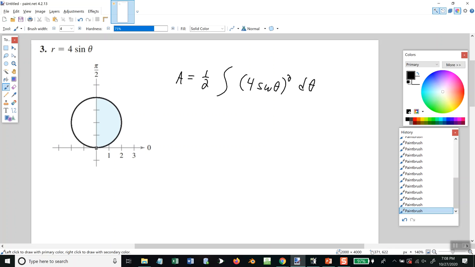Now, if we looked at this point right here, what would you probably assume the angle is? The one I put right here. 0? Yeah. If I were to put 0 up here, sine of 0 is equal to 0. So then 4 times 0 is 0, radius being 0. Okay, so you could buy that, couldn't you?